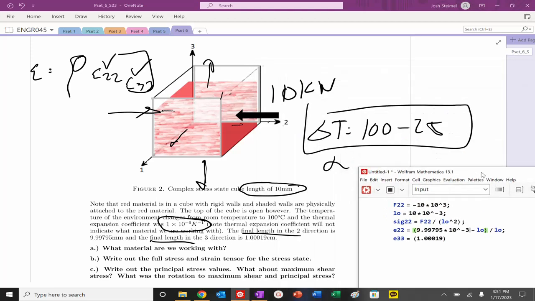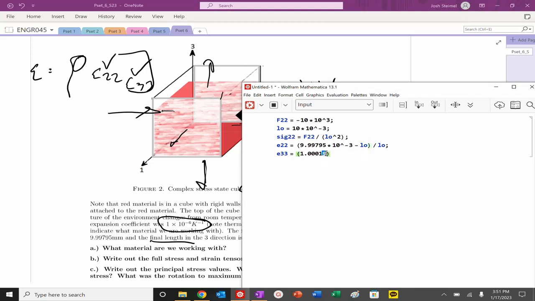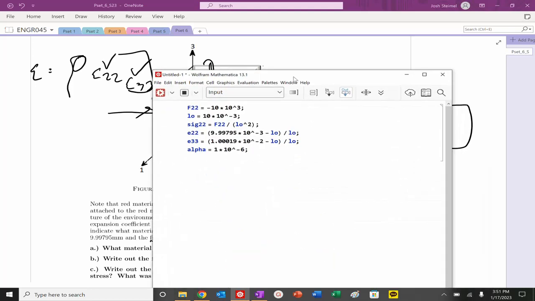This is centimeters. So times 10 to the minus 2 minus L naught divided by L naught. And we also know that alpha equals 1 times 10 to the minus 6. We're also told that my del t is equal to 100 minus 25.